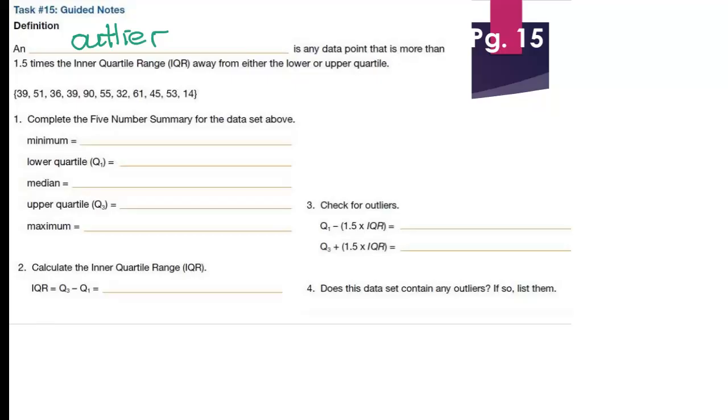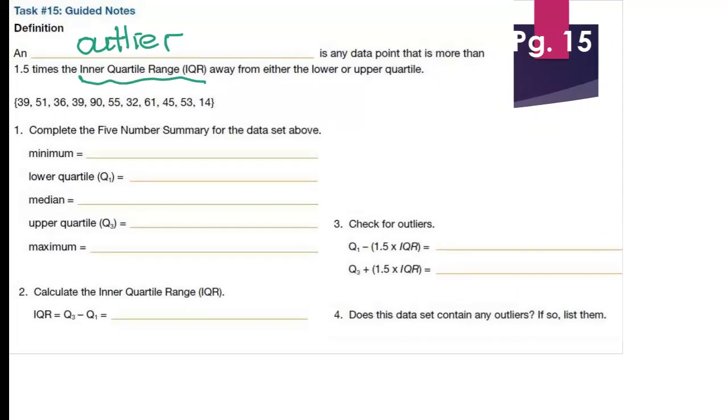When I think of outlier, you think of maybe an outlaw, somebody who's kind of off by themselves, not with the rest of the group. But here, an outlier is a point that is more than 1.5 times the interquartile range away from the lower or upper quartile.